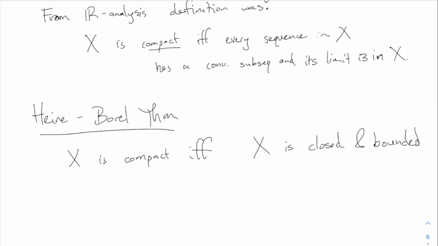Bounded means the whole set can fit inside of a box or something like that. Really, boundedness makes sense in a metric space if you have some kind of distance. But there is no good way to talk about bounded sets in something that's not a metric space, like the finite complement topology or whatever.